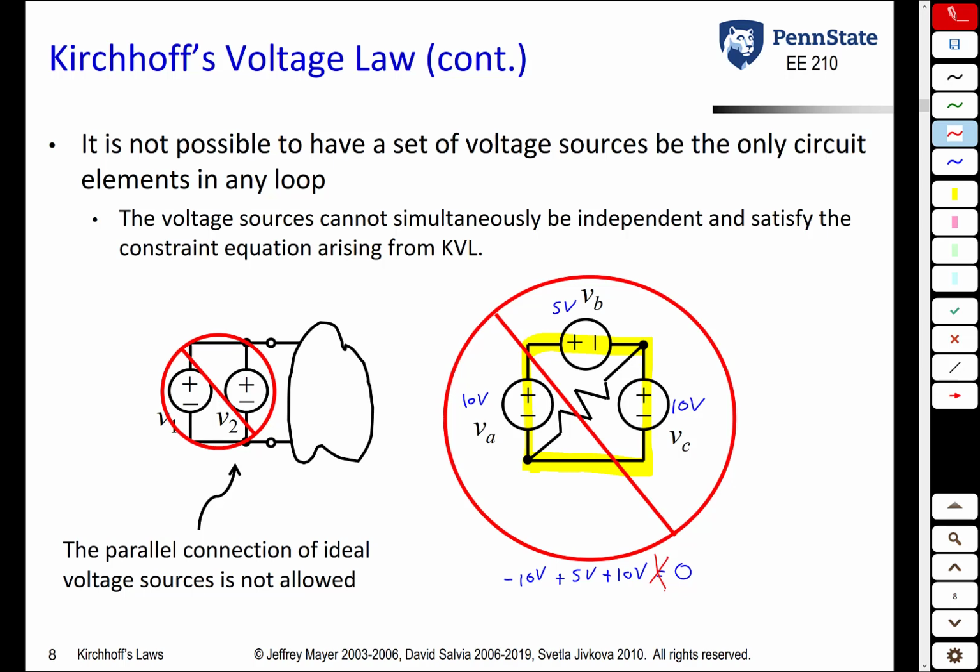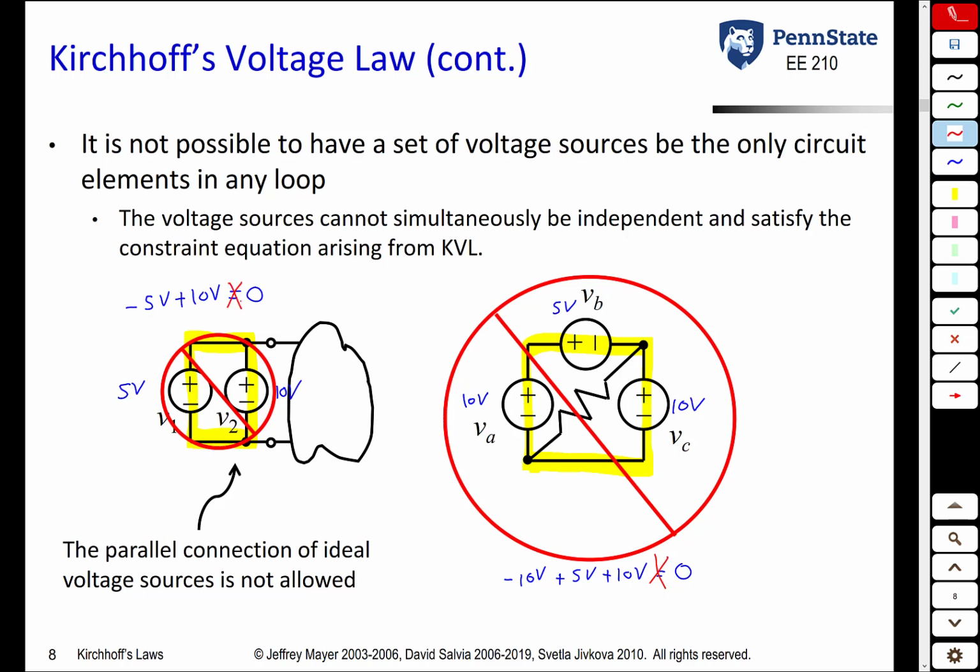This also means that you cannot have two voltage sources in parallel that are different values for the same argument. So on the left here, if you try to do a KVL here, you would get minus V1 plus V2 is equal to 0. And let's say, for example, that V1 was 5 volts and V2 was 10 volts. You would get minus 5 plus 10 is equal to 0, which cannot happen.